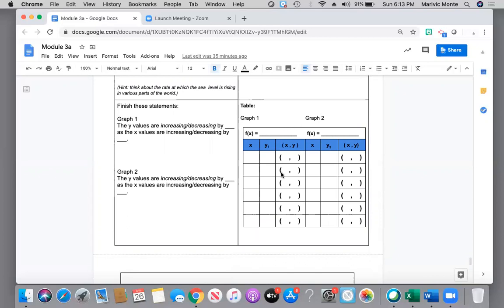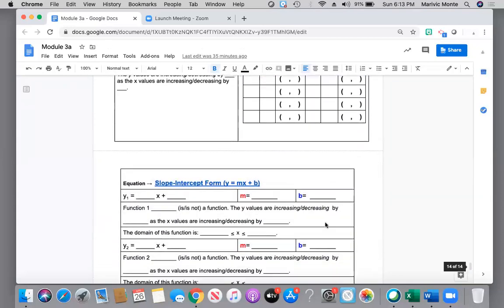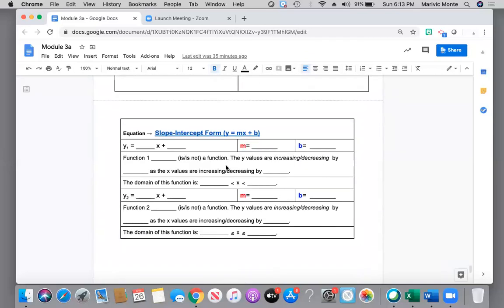So you will have to choose coordinate points on those graphs and write them here, because you will be using them to complete this part where it says slope-intercept form. You now finally write your, again, y equals mx plus b. So if you have gone through the guided exercise before this portion, the one on top, then this should become easier for you.